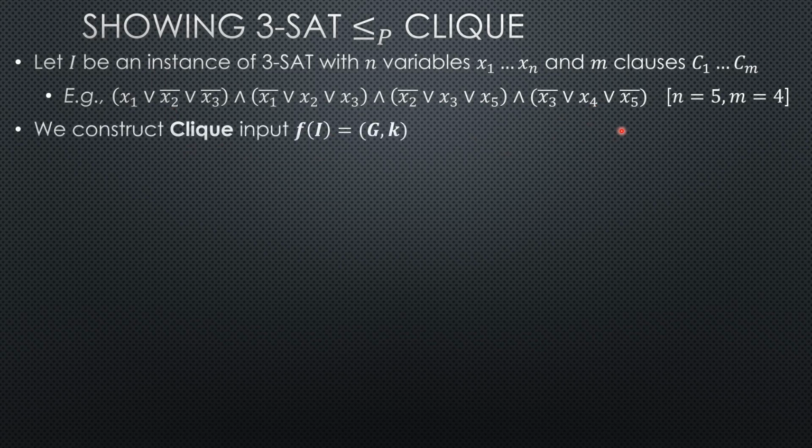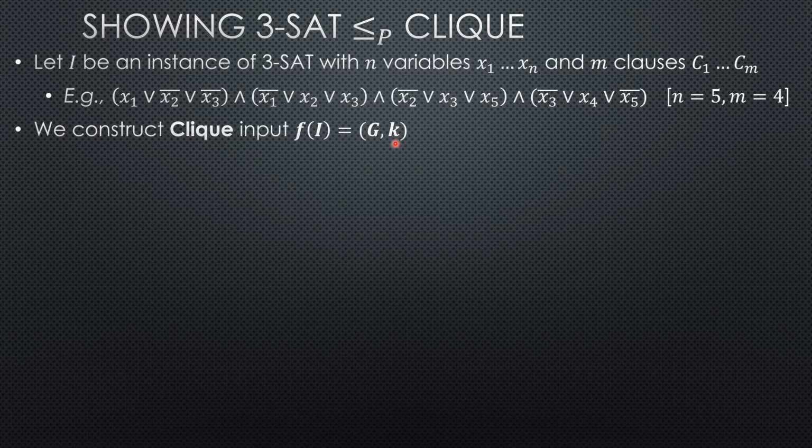What we're going to do is reduce this formula problem to a graph problem, the Clique problem specifically. Given an instance I of 3-sat, not this example instance, of course, but an arbitrary instance, we're going to construct a transformed instance that consists of a graph and the size of the Clique that we're looking for.